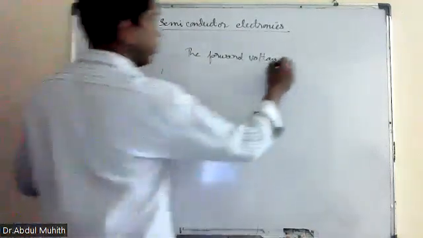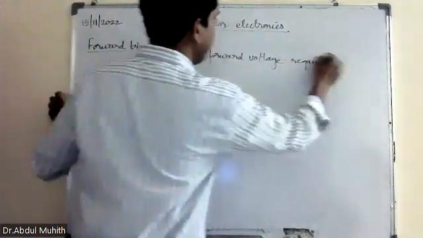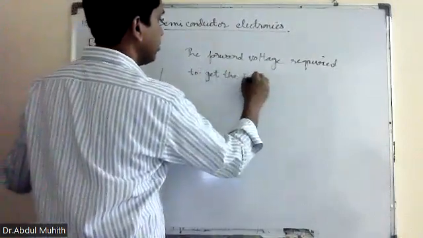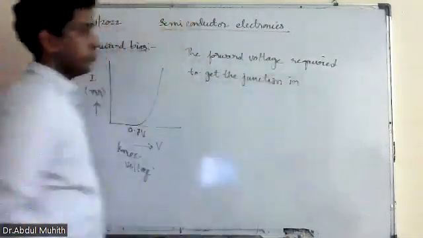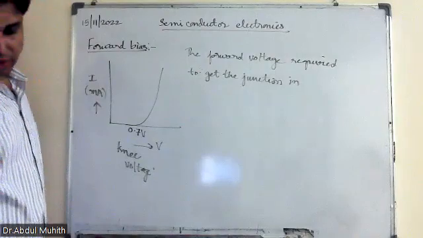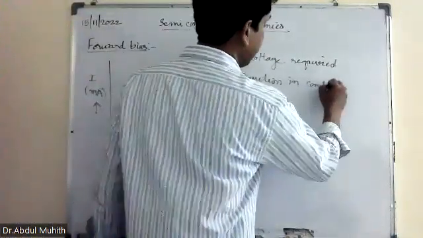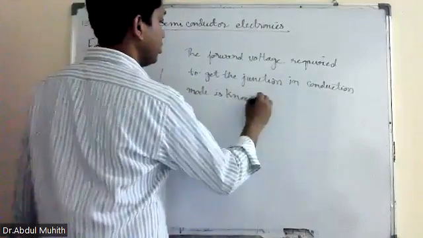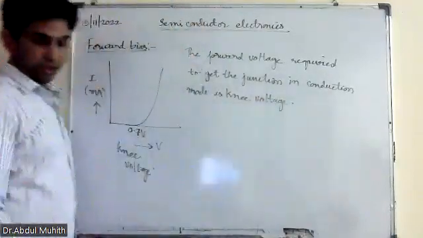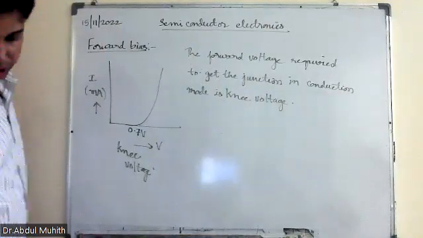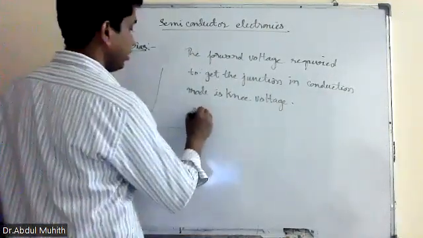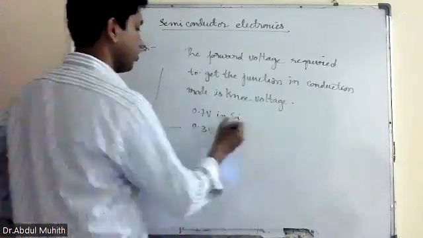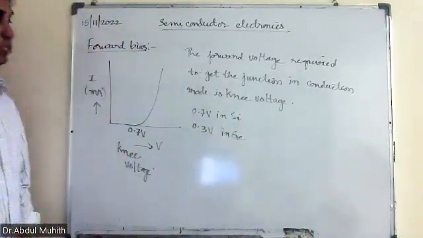It is 0.7 volts in silicon and 0.3 volts in germanium.